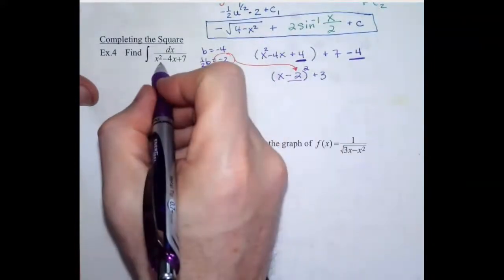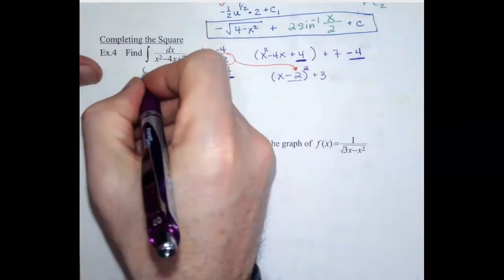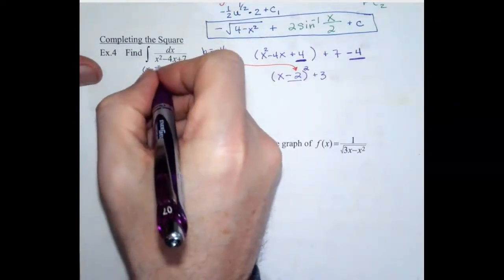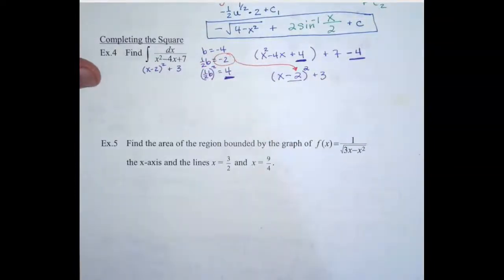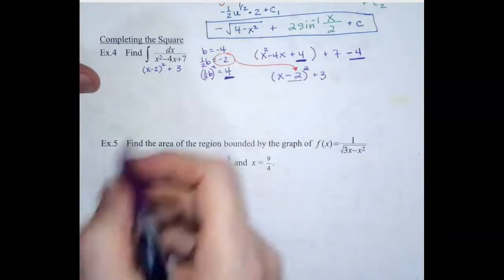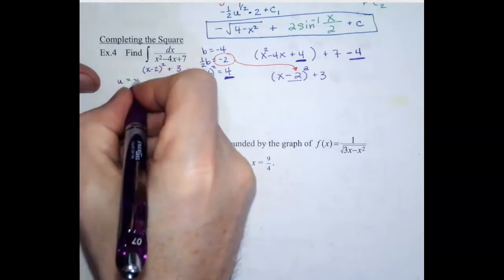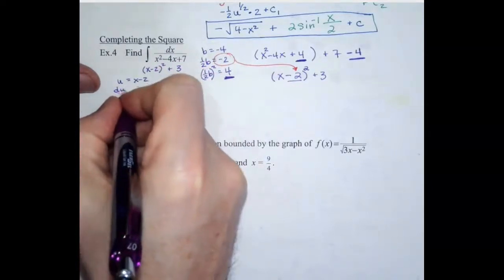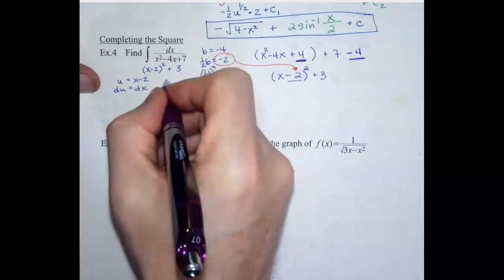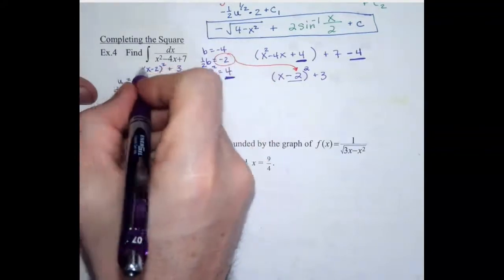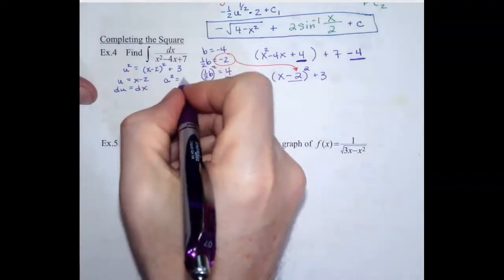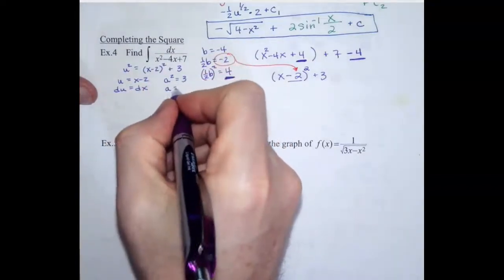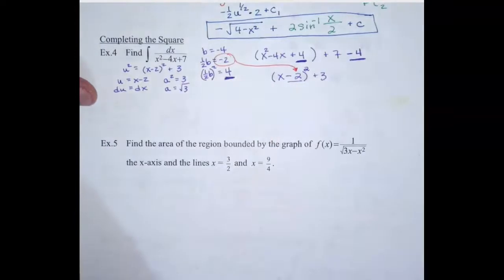So now, if we imagine that this is x minus 2 squared plus 3, now we can say that u is x minus 2 and du is dx. And I could have said u squared equals that, started off if you wanted to, and you could say a squared equals 3. So a equals root 3.